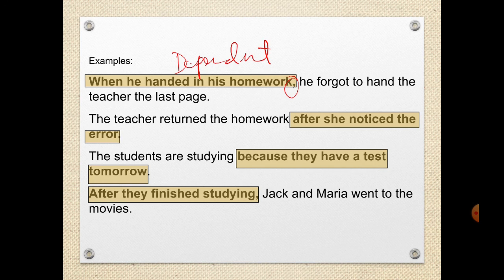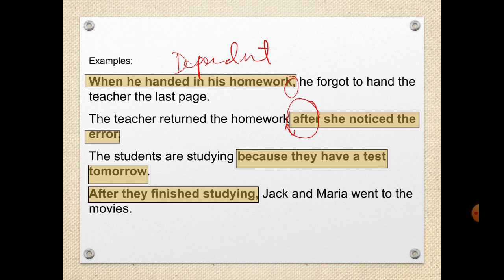Because it starts with an independent clause, you don't need a comma in the middle. So there's no comma, and then it is followed by a subordinating conjunction, which is after, and then the dependent clause, she noticed the error.